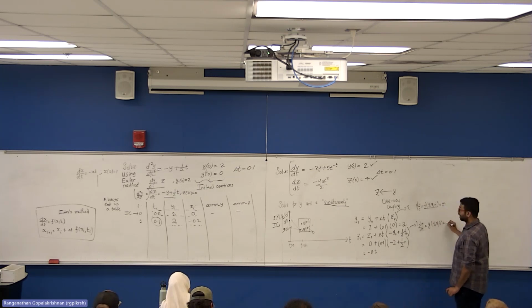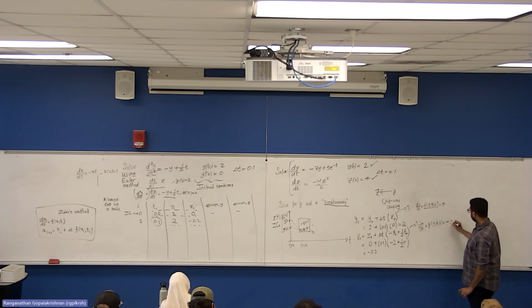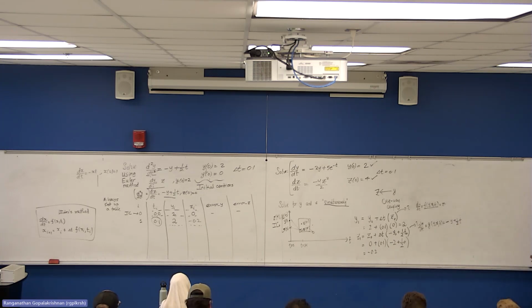This is minus y plus half t. If you understand this step, you are basically set for the rest of it. Are you okay, Sean? I'm saying this step makes sense to you? Yeah. Okay.